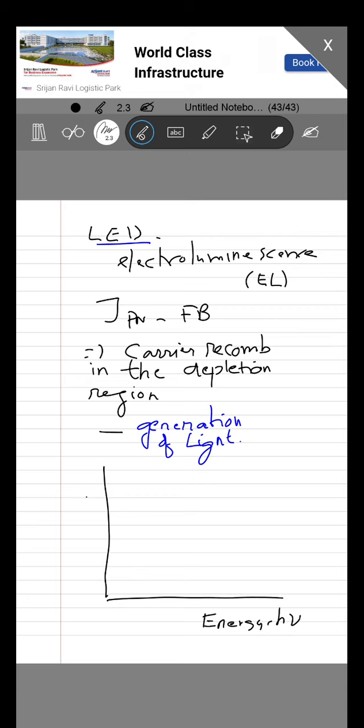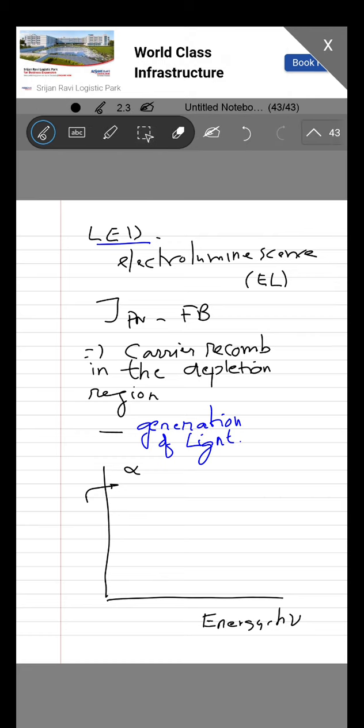So according to Lambert's law, this is alpha, so this is proportional to exponential minus E by kT.